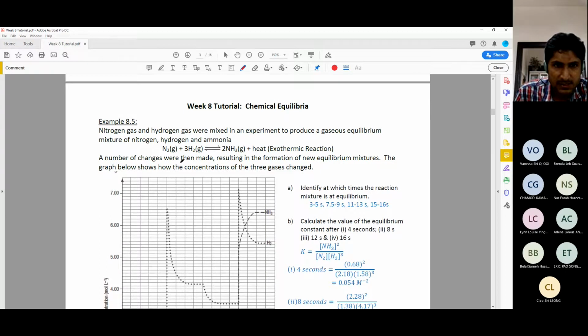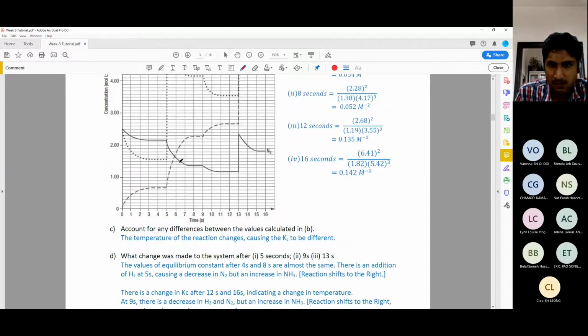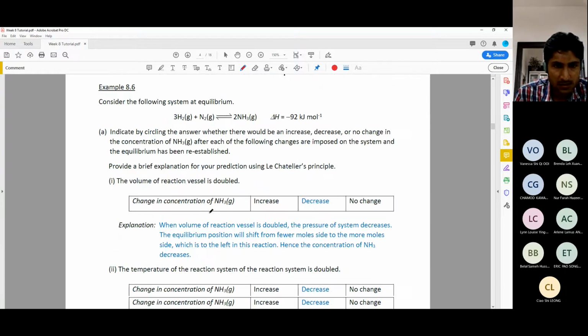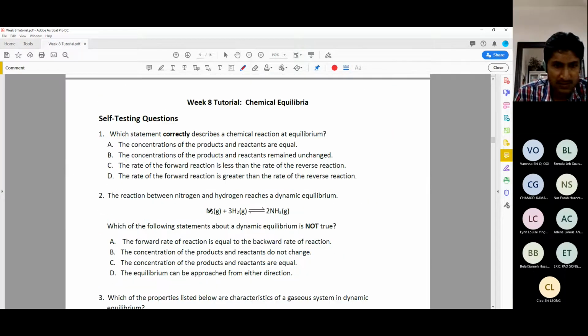These are the worked examples, and I hope you have gone through all of them. The self-testing questions are very similar to what we have done in the worked examples. Question 1 asks which statement correctly describes a chemical reaction at equilibrium.